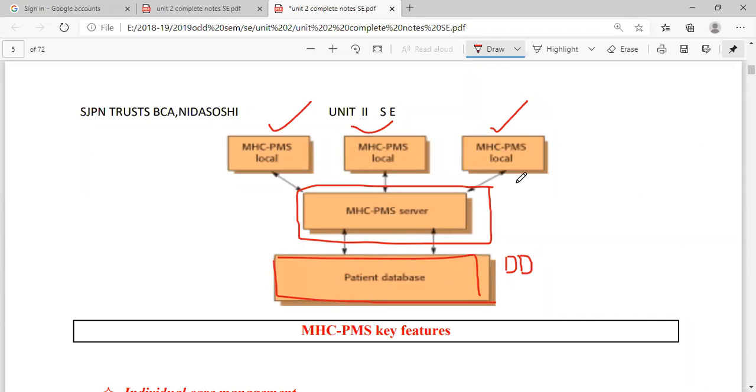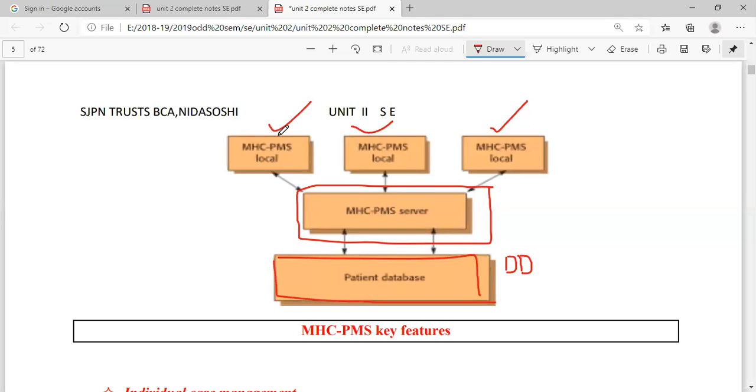So here we are using one database concept which is distributed throughout the network. It means this patient database is made available to all the clinics anytime and anywhere through the internet or through a network, right? So that is called a distributed database.